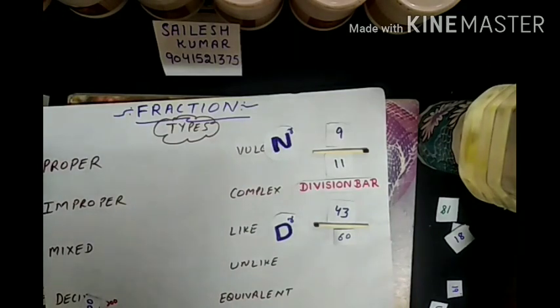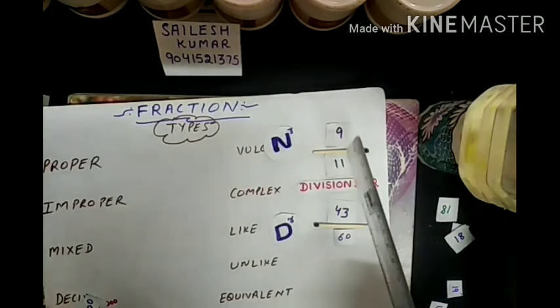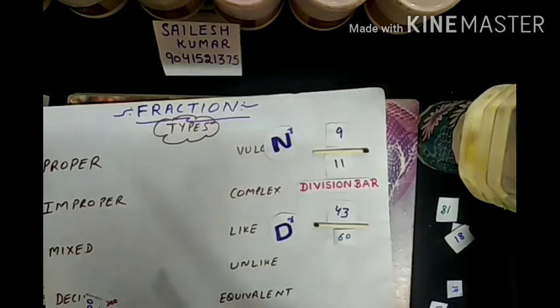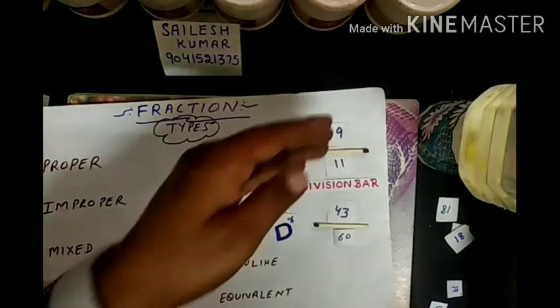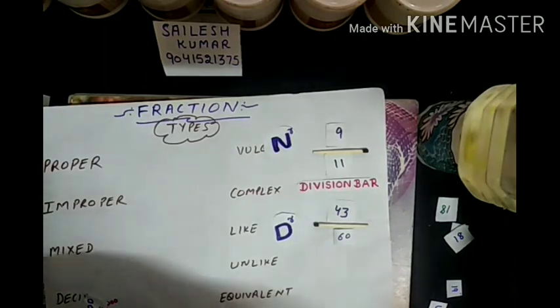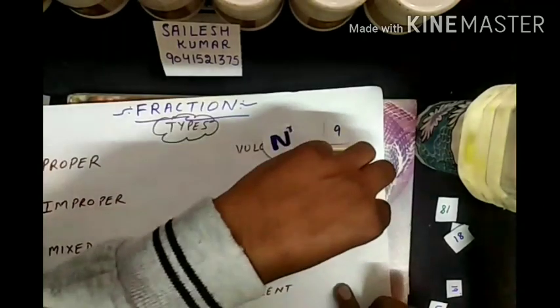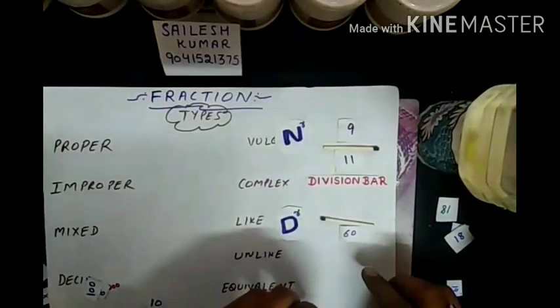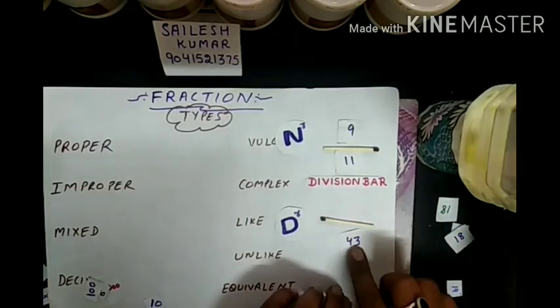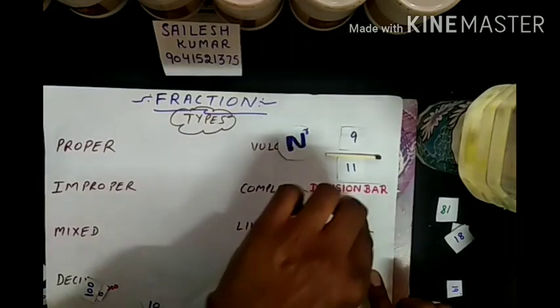I can give some other examples of this complex fraction. In place of the proper fraction, there may be improper, proper or mixed. You can't say that there will be the same type of fraction in the numerator and denominator. These may be improper or proper also, just like this.